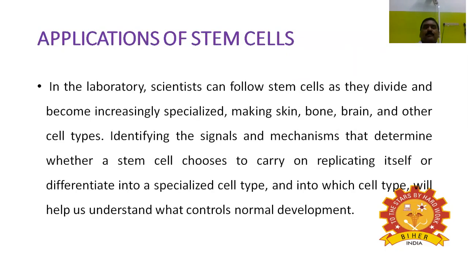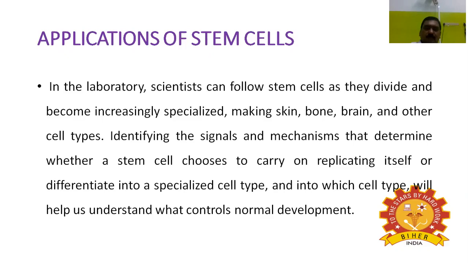Next, I'm coming to the applications of stem cells. There are a lot of applications of the stem cell. In the laboratory, scientists can follow the stem cells as they differentiate and become increasingly specialized, making the skin and bones, brain, and other cell types.